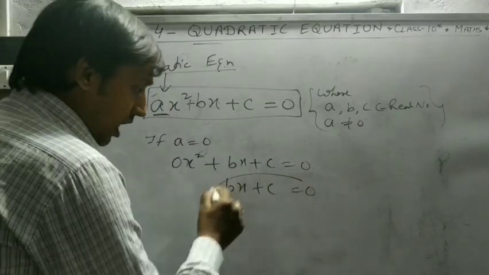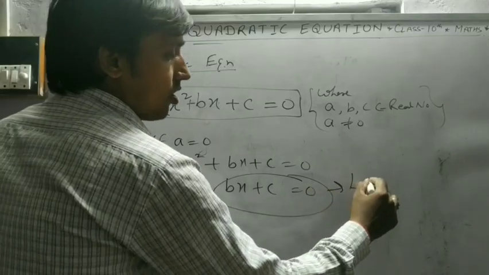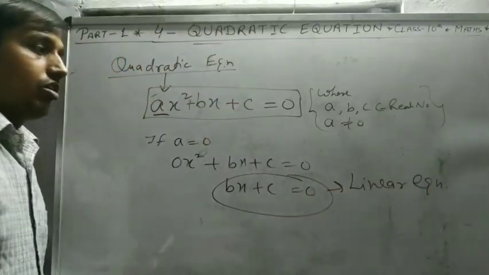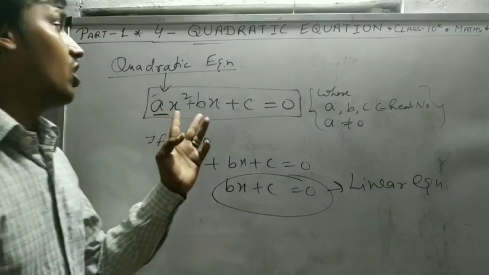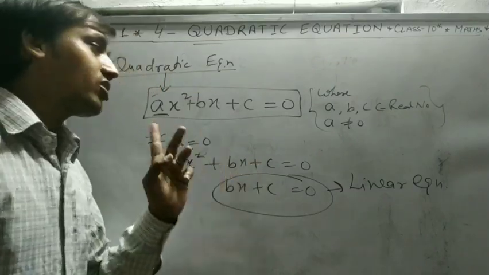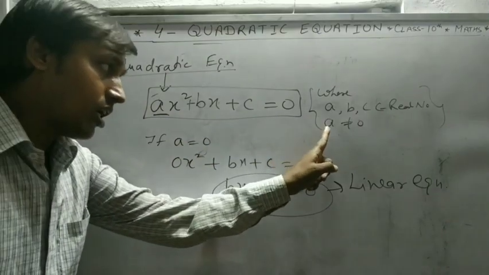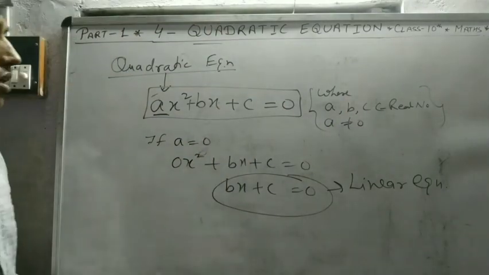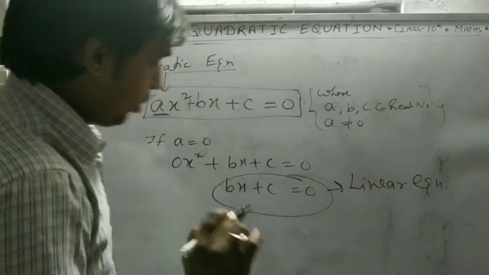So it's only a linear equation, but we want the quadratic equation, so it is necessary that a is not equal to 0, but b and c can be 0.